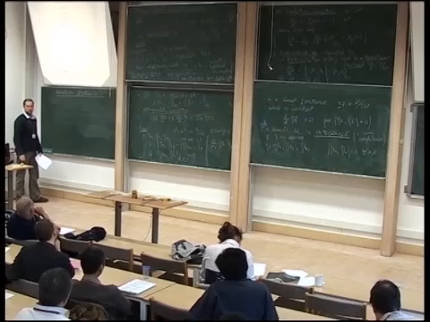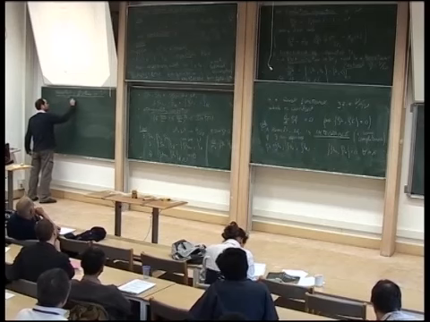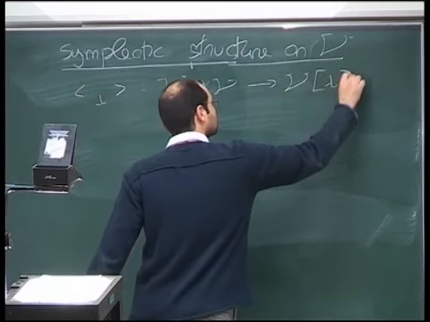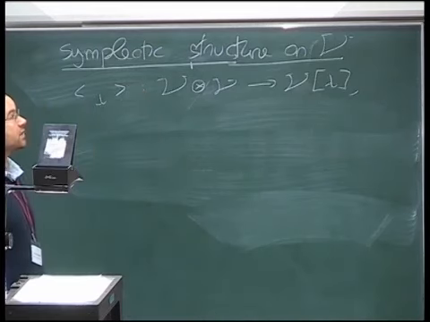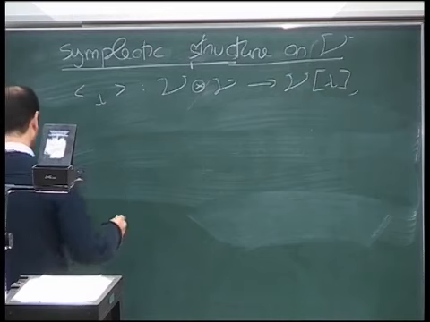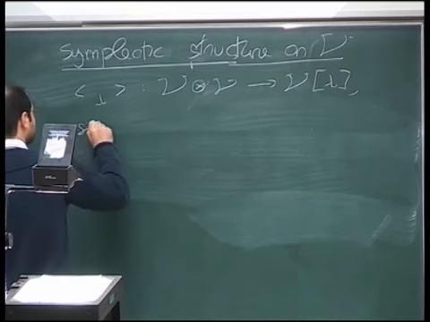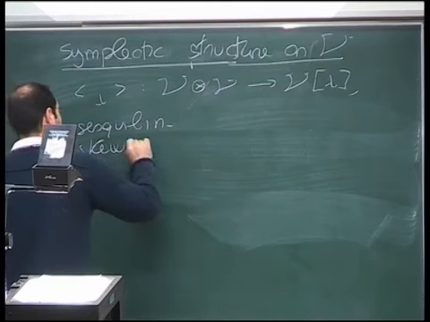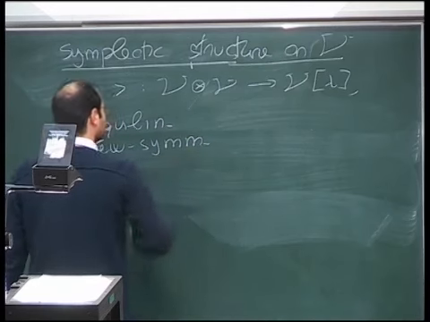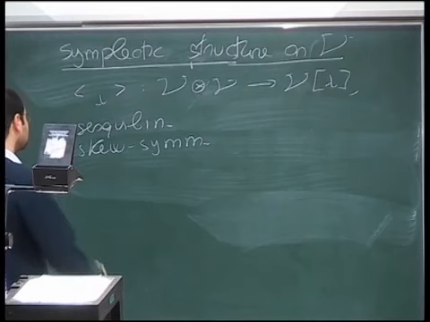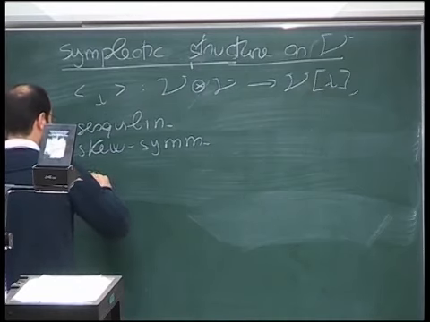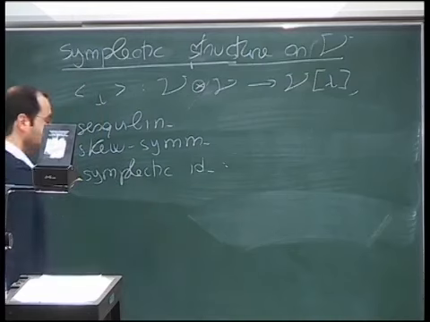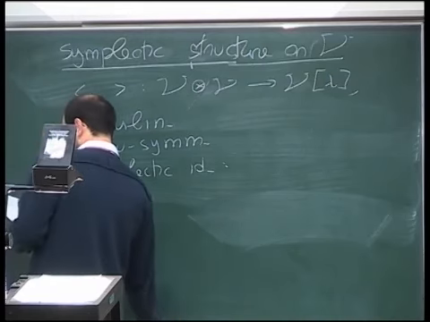A symplectic structure is a lambda bracket on V, satisfying axioms very similar to the ones of a Lie conformal algebra, namely sesquilinearity, skew-symmetry, and instead of the Jacobi identity, we have the so-called symplectic identity, which Victor wrote before but with a different notation.